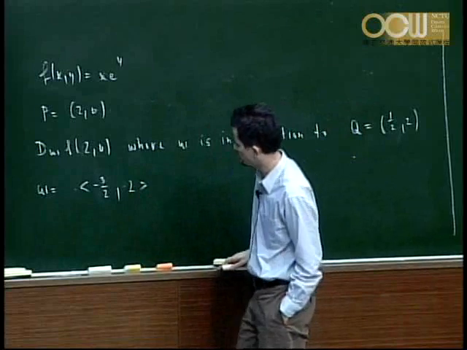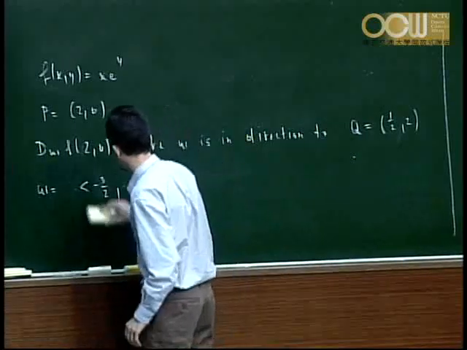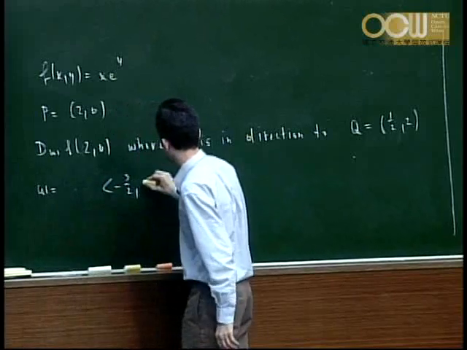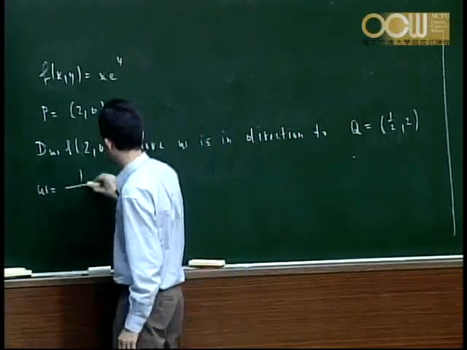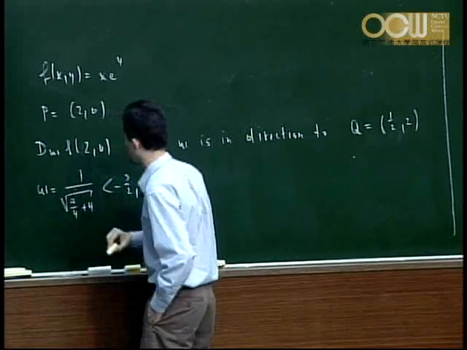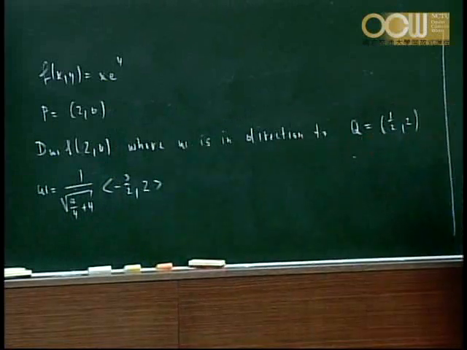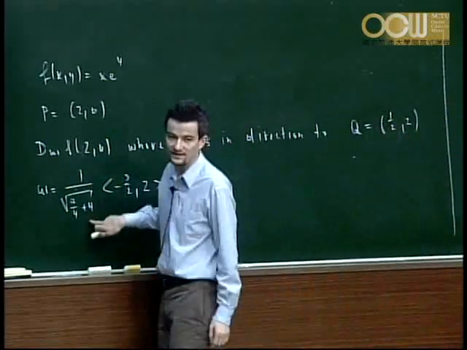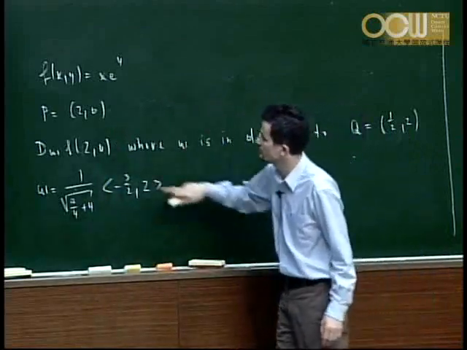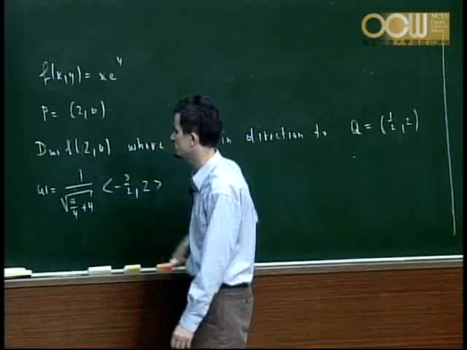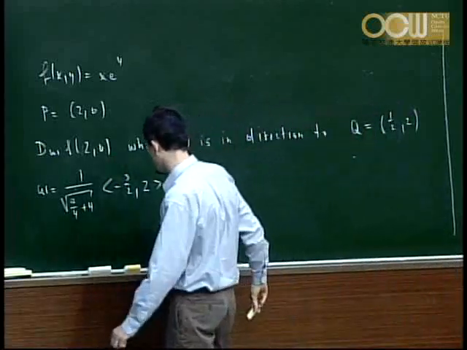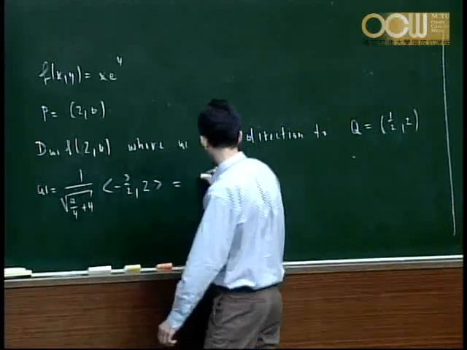So you have to multiply with the length, so you have 1 over the square root of 9/4 plus 4. You shouldn't forget this, that you have to multiply with the length, if you want to use our usual formula that the directional derivative can be computed as the gradient times u. Of course, this can be simplified: it is 2/5 times (-3/2, 2).